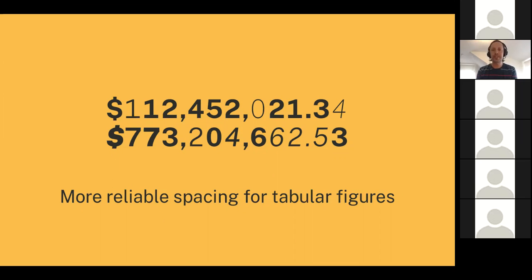When that releases, there are a couple things of note with the new release of Public Sans. There's more reliable spacing for tabular figures. Tabular figures are monospaced numbers that are useful for data design, and now all the tabular figures really do have the same width, and that width is the same regardless of the weight of the face or the style.